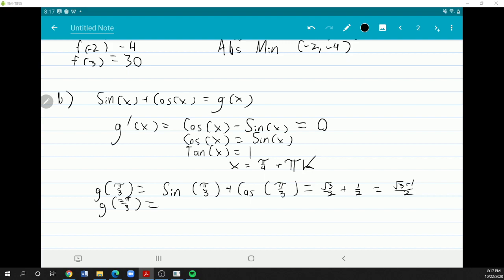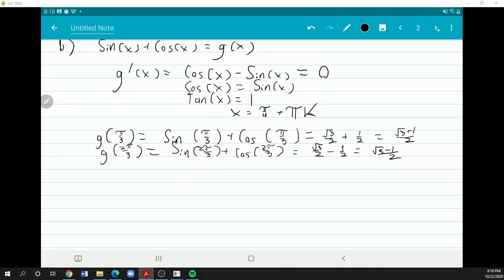And then for 2 pi over 3, we try the same thing. Sine of 2 pi over 3 plus cosine of 2 pi over 3 equals root 3 over 2, still positive, but cosine becomes negative, so minus a half, which equals root 3 minus 1 over 2.